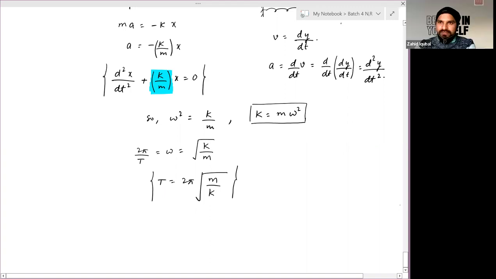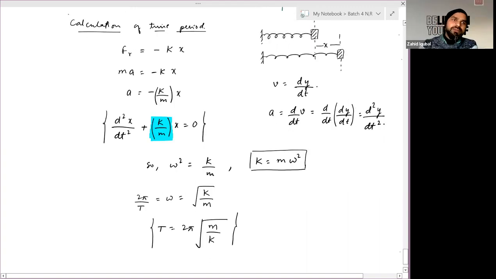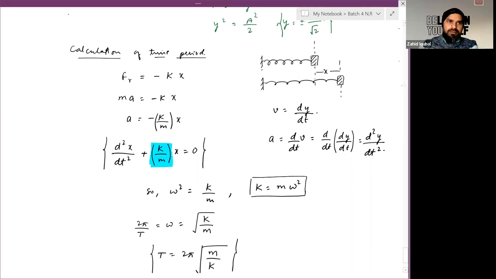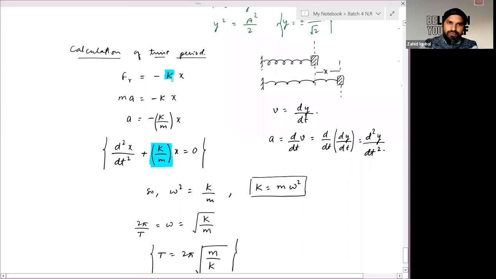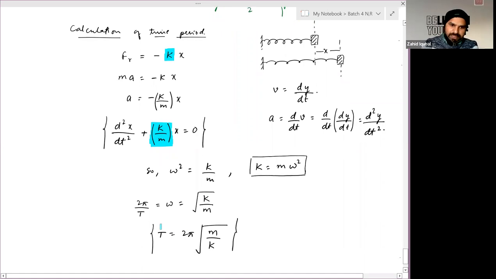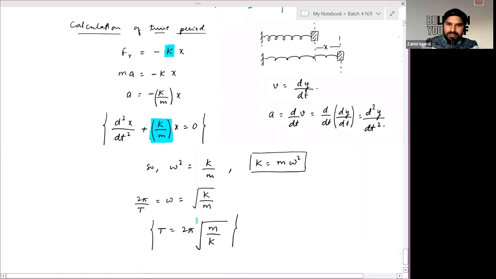Now, for each different motion, first try to calculate the value of spring constant related to the force experienced by that particular block by displacing it from the mean position. Now, if you calculate k from this expression, put it in the formula for time period. The general formula of time period will be 2 pi root under m by k.